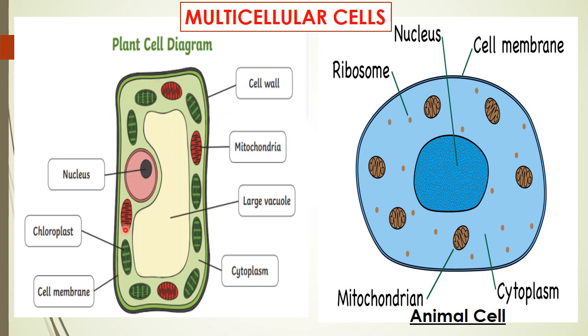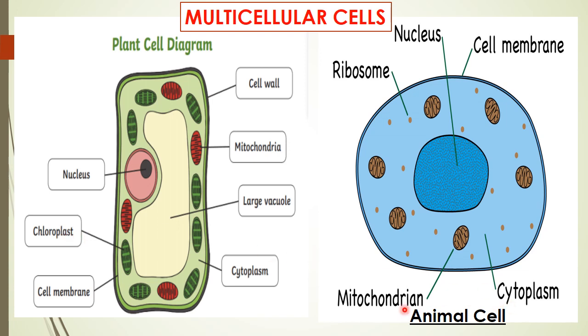Cytoplasm is the jelly-like part of the cell. Nucleus is the center of the cell. Some other parts of the plant cell are mitochondria, known as the powerhouse of the cell where energy is produced, and chloroplast, where food is prepared for the plant.